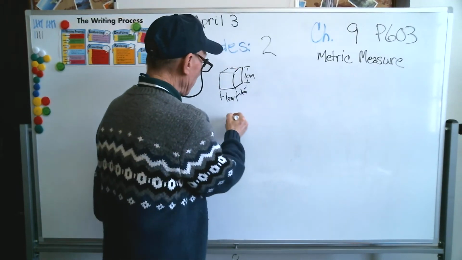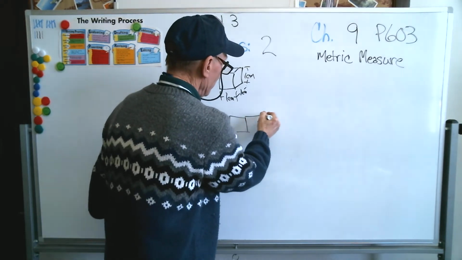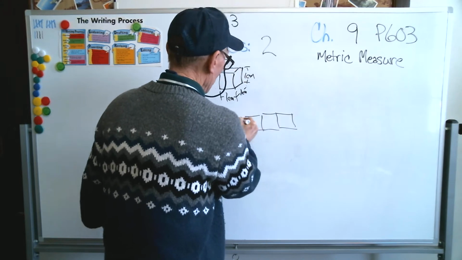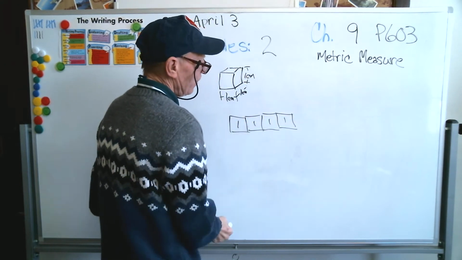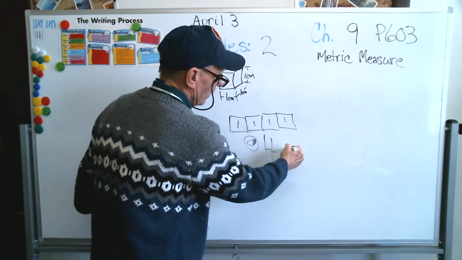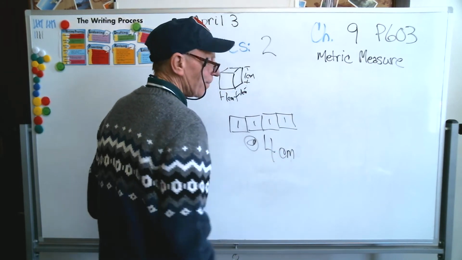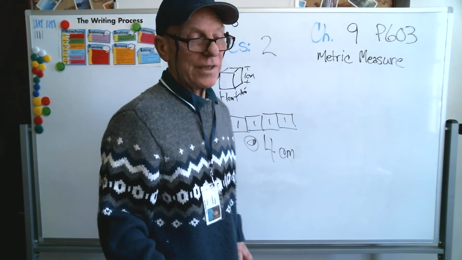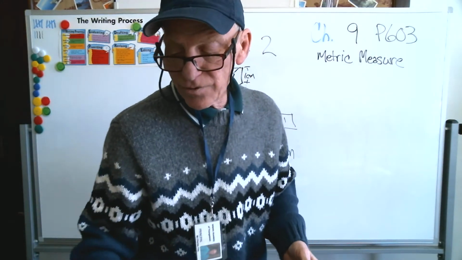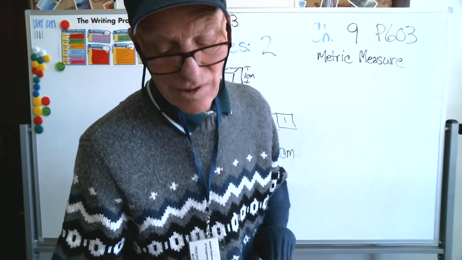So if we had 4 of those and we lined them up, each one being 1 centimeter, altogether you would have 4 centimeters. And you notice I put cm next to it. That's the abbreviation for centimeter. You want to get used to seeing that and using it.